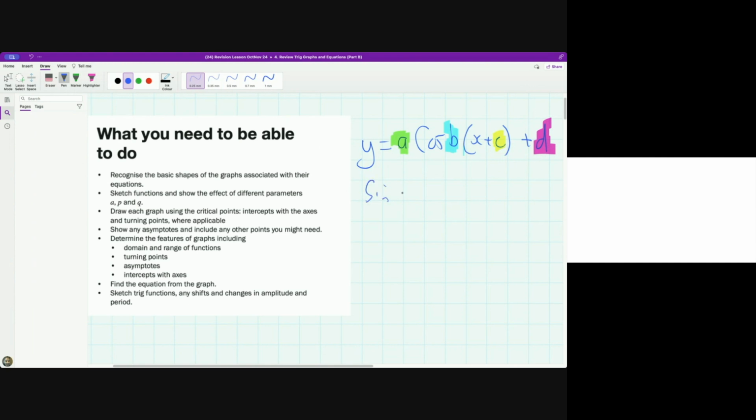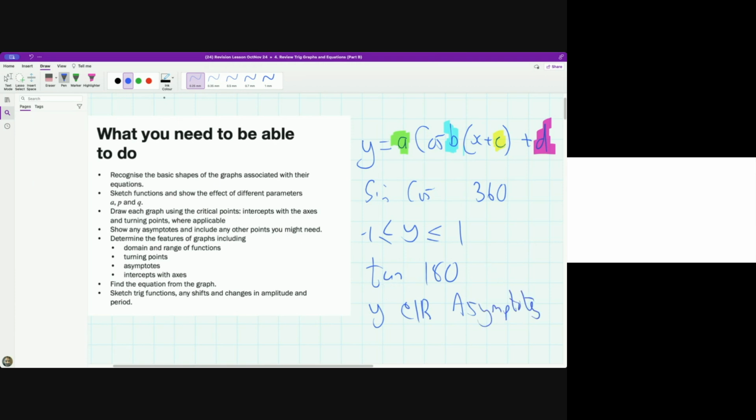For sine and cos, the periods are 360, and the range is between -1 and 1 for the normal graph. Tan is a little bit different. The period is 180, and the range is essentially infinite. It's any real number, but it does have asymptotes that occur every 180.